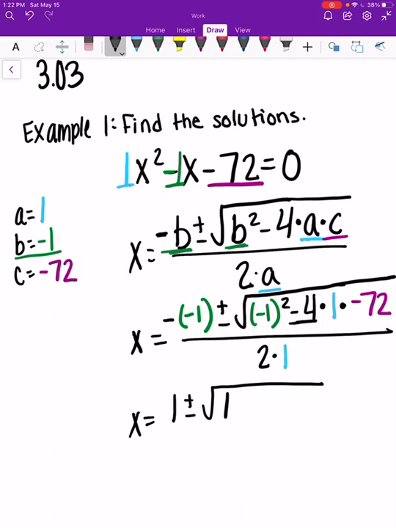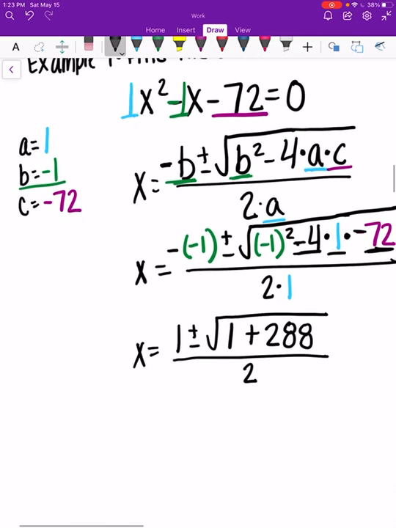We have -4 times 1, which is -4, and -4 times -72. Negative times a negative is a positive, and 4 times 72 is 288. So instead of minus 4, this minus and this minus turn into a plus. All divided by 2 times 1, which is 2.